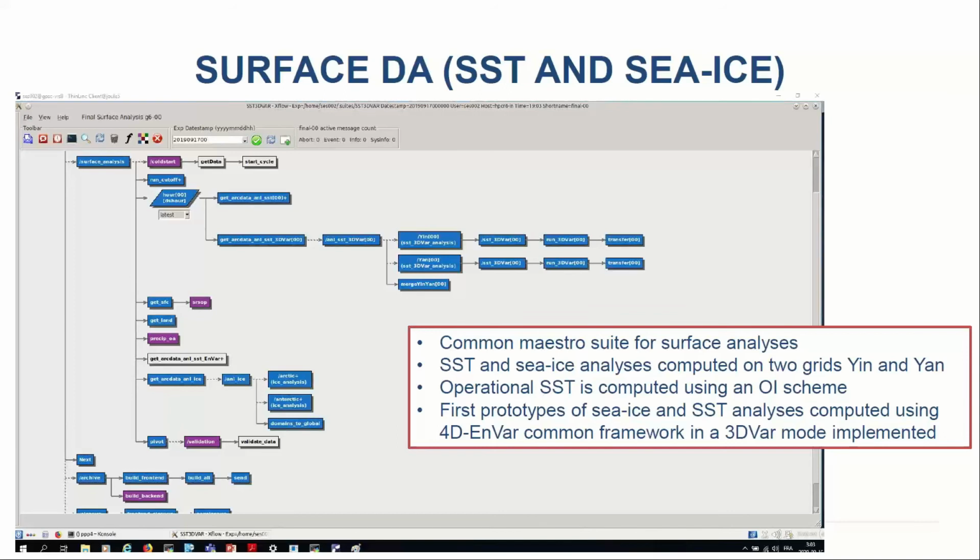Here on the top we see the current task computing the SST operationally, and we added here a second blue block, which computes the SST using 3D-Var and the CICE using 3D-Var. The work implementing the whole 4D-Var analysis has already started and will be tested soon.